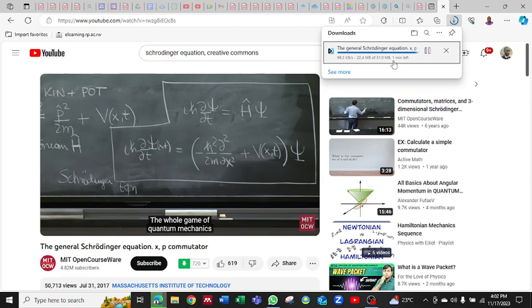The whole game of quantum mechanics is inventing energy operators and then solving these equations and see what they are.